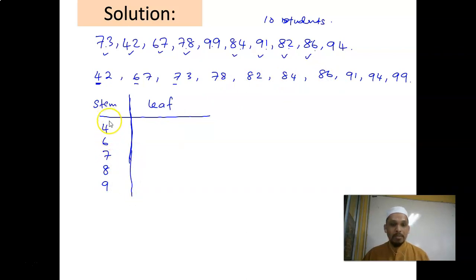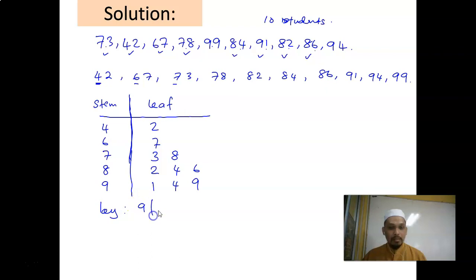We only have one number beginning with 4 here, 42, then 67, 73, 78, 82, 84, 86, 91, 94, 99. So write down the key here.